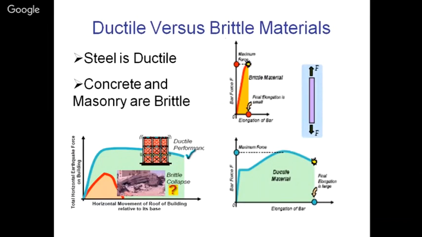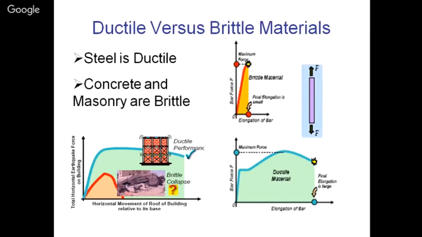Ductile versus brittle materials. For sure, we always require ductile materials as compared to brittle materials, because brittle materials don't give us more time to evacuate or safeguard our structures. So we require ductile materials for the safe design of buildings for all limit states as well as the final limit state, that is the collapse limit state, so that we can have more displacement as compared to brittle materials.